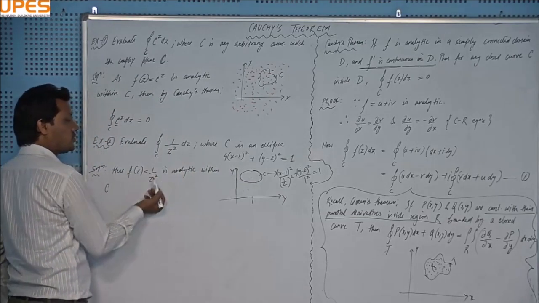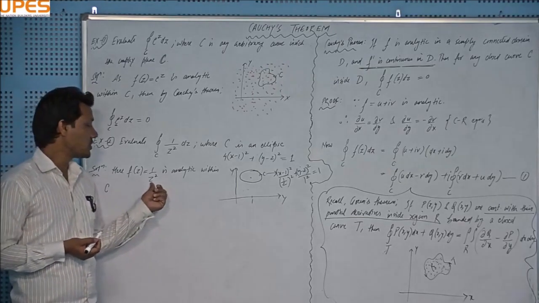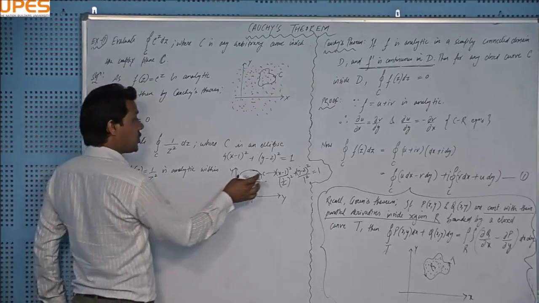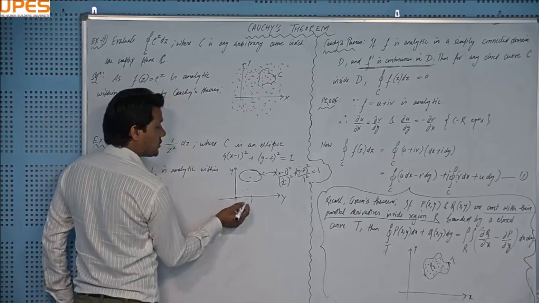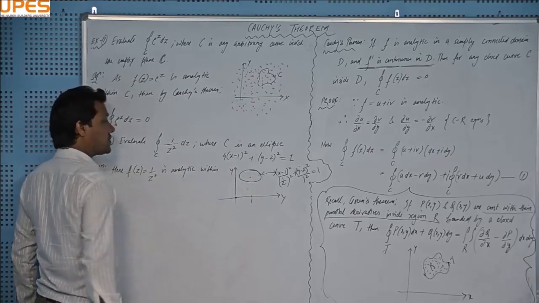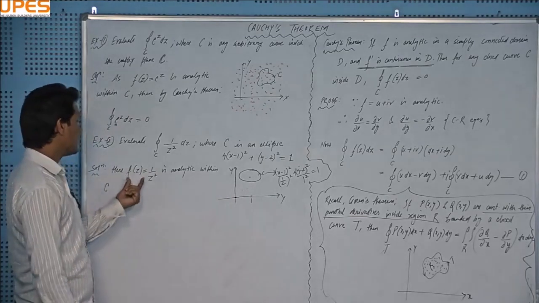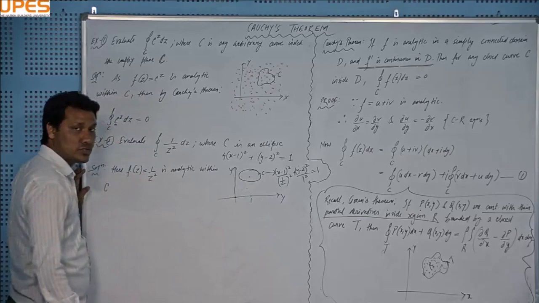However, we know that z is equal to 0 is the singularity of this function, and fortunately that z is equal to 0 is not lying within this C, it is outside. Z equal to 0 is here, right? So our ellipse, means our contour C, is not enclosing any singularity of this function. So we can say that this f(z) is analytic within this contour C, right?